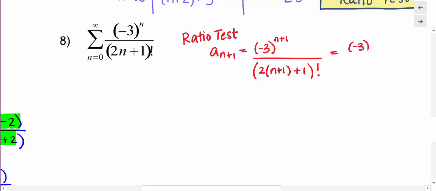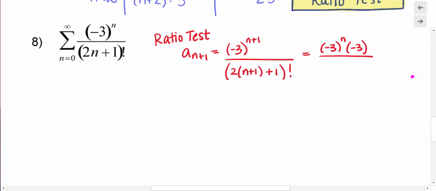So this will be -3 to the n times -3 to the first, because that'll be helpful for me as I try to algebraically manipulate my limit here in a minute. And my denominator will become 2n plus 3 factorial.